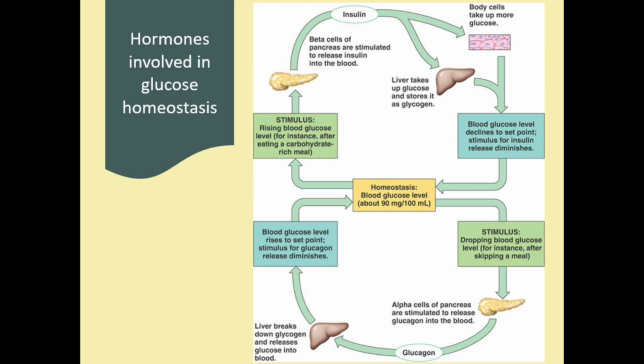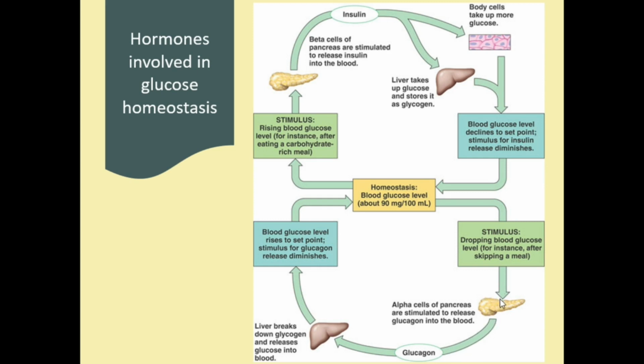That stimulus will be detected by the nervous system. And what that will do then is send out a response, or a motor output, if you like, to the pancreas to start secreting glucagon. You can see here the alpha cells of the pancreas are stimulated to release glucagon into the blood.